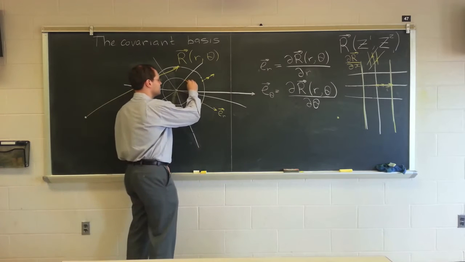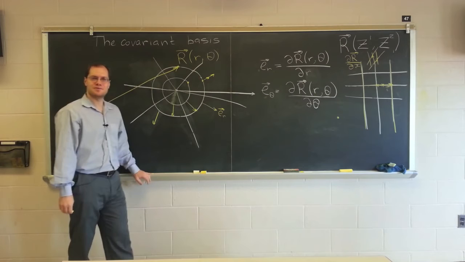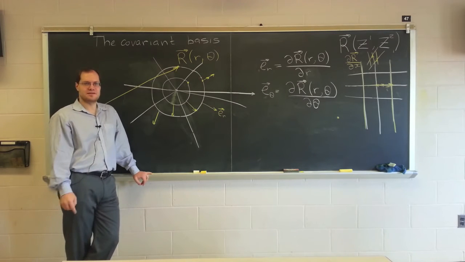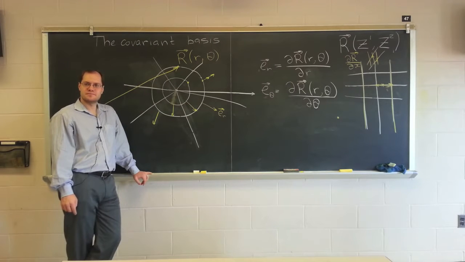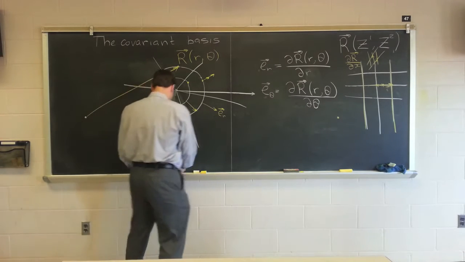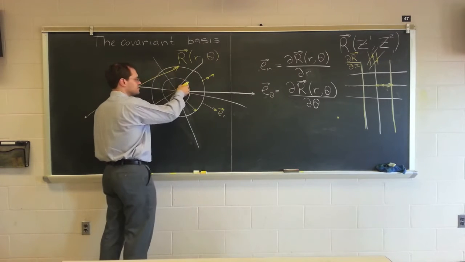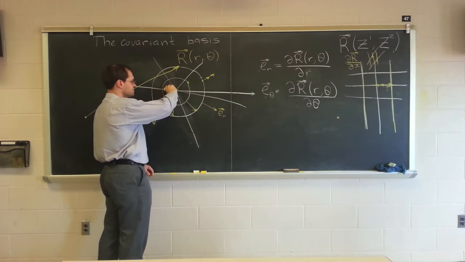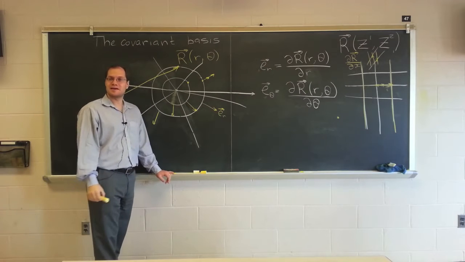Let's now look at this point and evaluate E sub theta. You guys all think about what E sub theta is and realize that it's a problem that you did on your last homework. Because E sub theta is the derivative of the unit vector as it rotates around, parametrized by the angle.